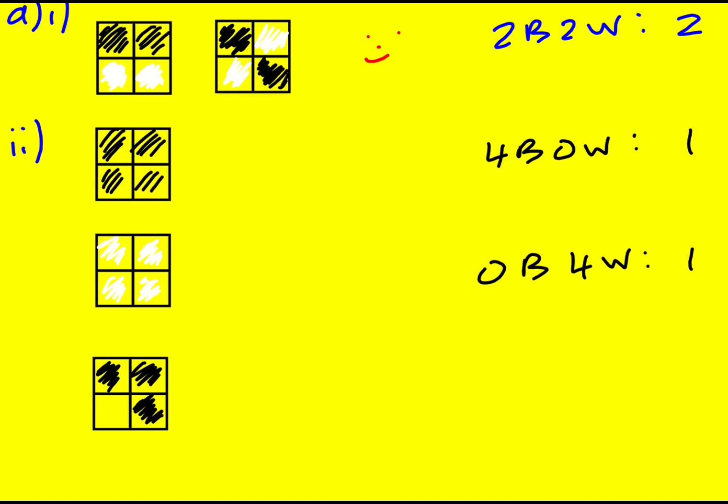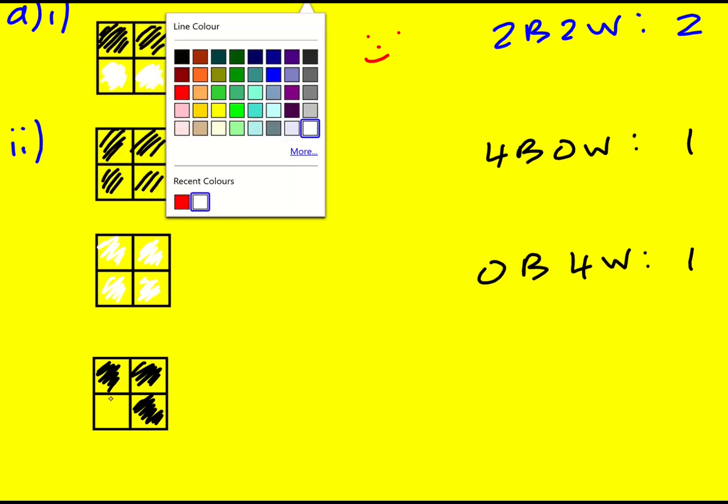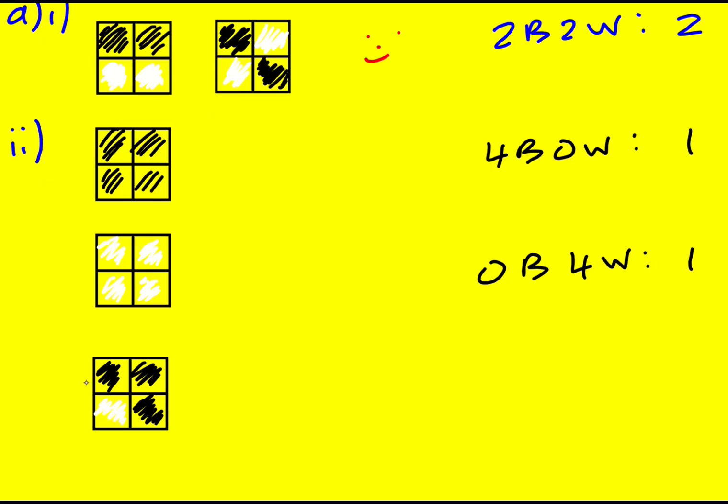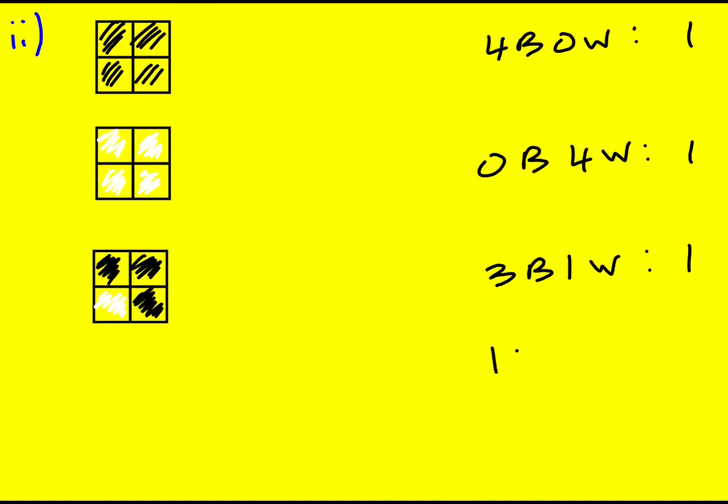Okay, as I rotate this, you should be able to see that the white, well, I haven't made it white yet, but the white square is just going to move around. So it's going to be bottom left, then top left, then top right, then bottom right. So actually, there's only one possibility here. And I'm not even going to draw the next one. 1 black, 3 whites must be the same.